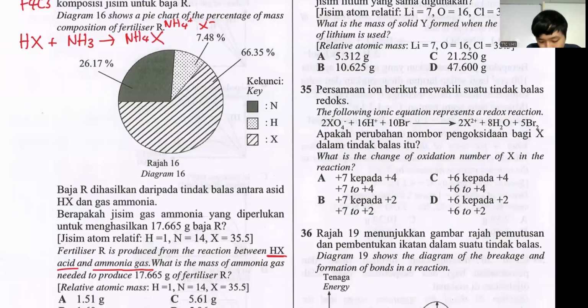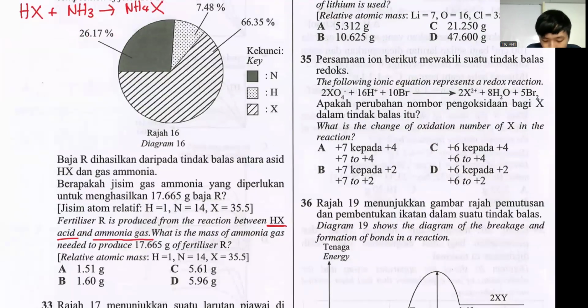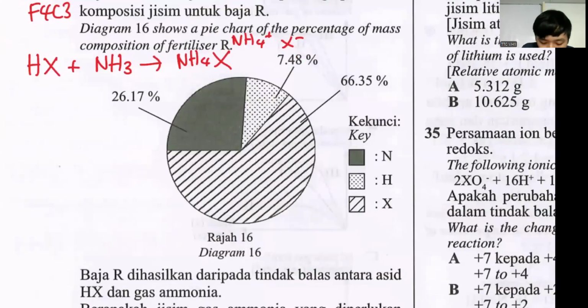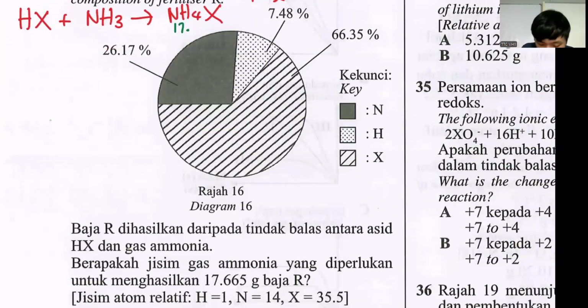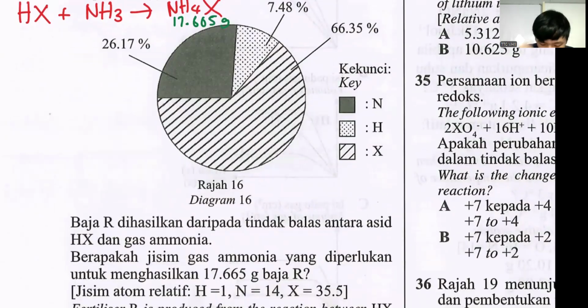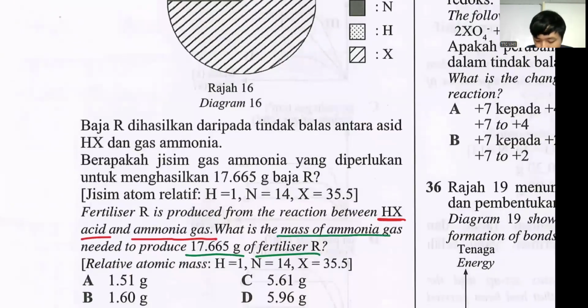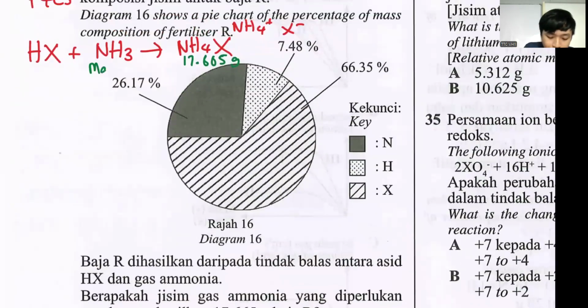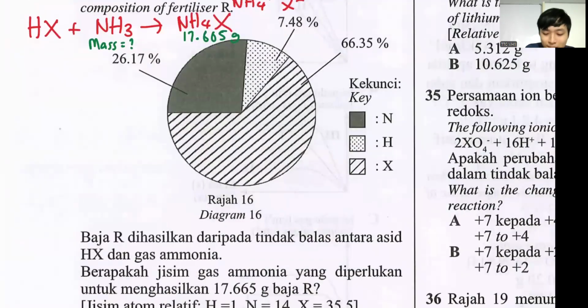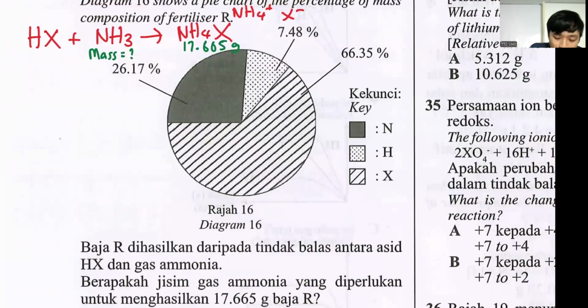Then they ask the mass of ammonia gas needed to produce 17.665 gram of fertilizer R. So you can start with this calculation first. They ask what? Mass of ammonia gas. Very obvious. The 3 steps, right? So in this case, number 1, find the mole.